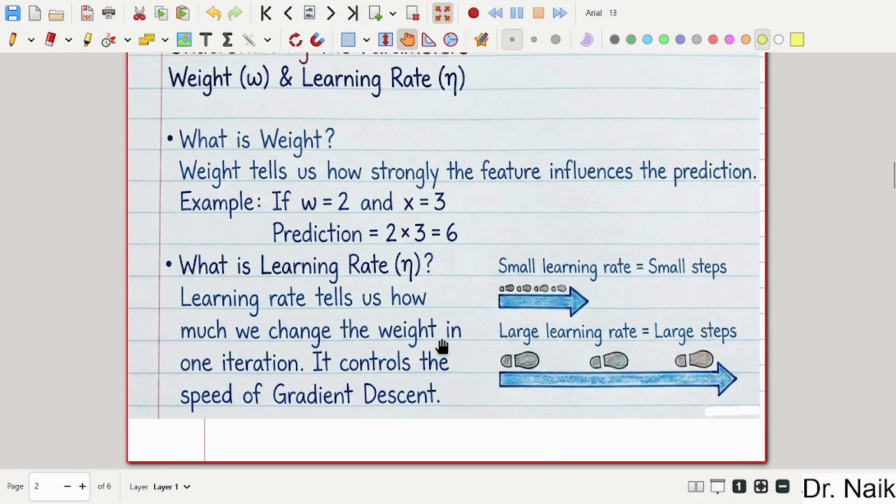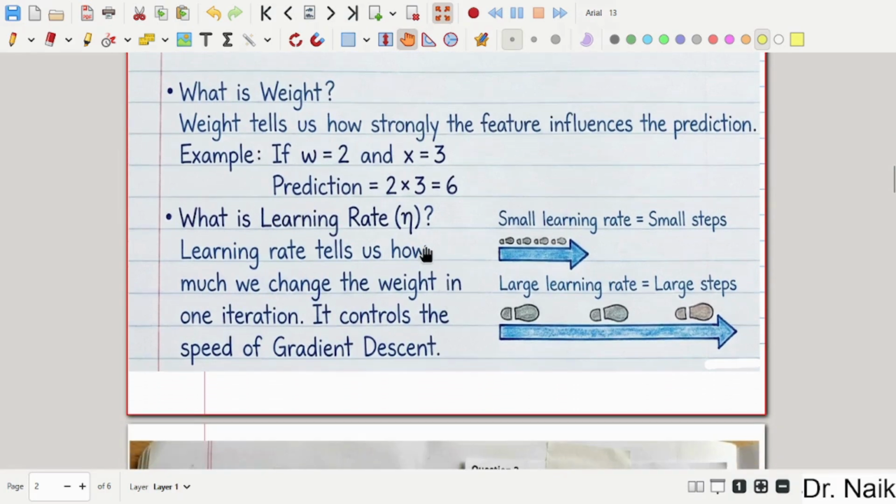What is learning rate? Eta. Learning rate tells us how much we change the weight in one iteration. It controls the speed of the gradient descent. Smaller learning rate means small steps. Larger learning rate means large steps.